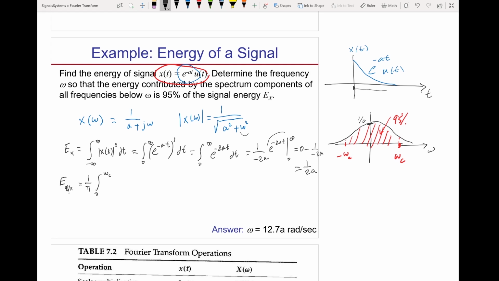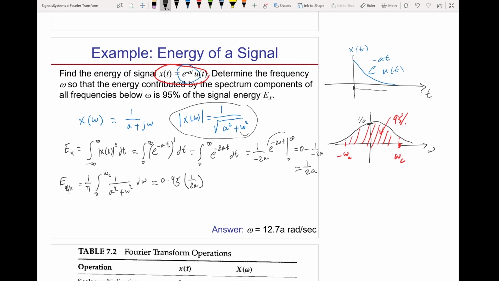From 0 to infinity I get 1 over 2a, but to omega c, of the magnitude squared. We already found the magnitude here, so if I square it, that will be 1 over a squared plus omega squared, d omega. And this should be 95% of the total energy. So 95% is 0.95 times the total energy, 1 over 2a.